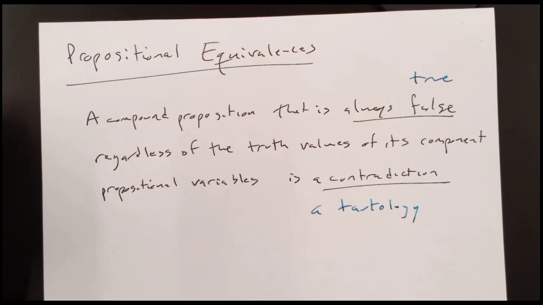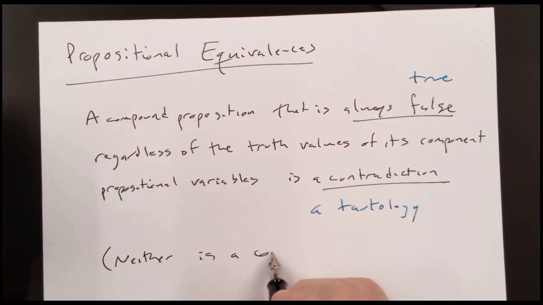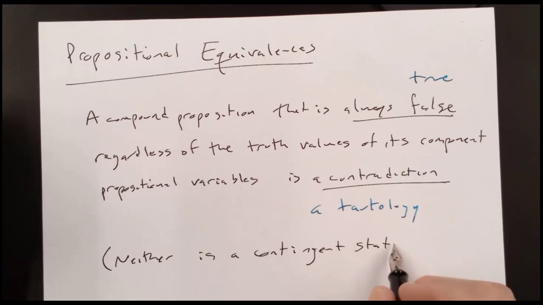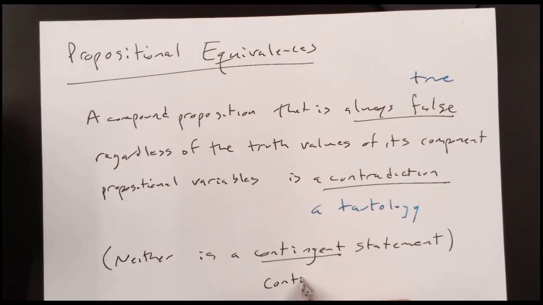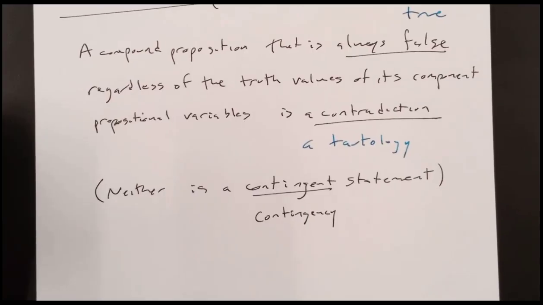And something that's neither always true nor always false is called a contingent statement, or a contingency. The truth value is contingent on the individual variables.